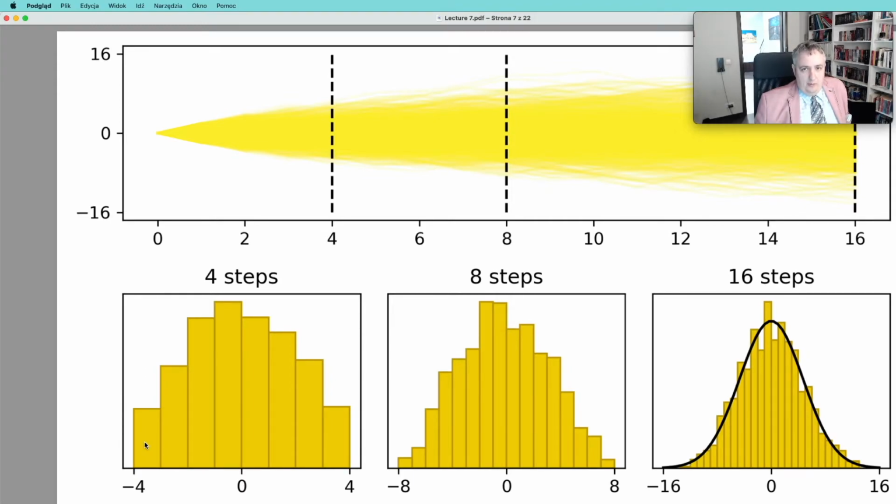So from the central limit theorem, the positions of people should be normally distributed. This can be observed even after 4 steps, where we get some kind of bell-shaped curve. After 8 steps, it is even more visible. After 16 steps, we get a very nice curve that fits very well. So by observing such movements, we get normal behavior. The sum of identically distributed steps leads us to this situation.